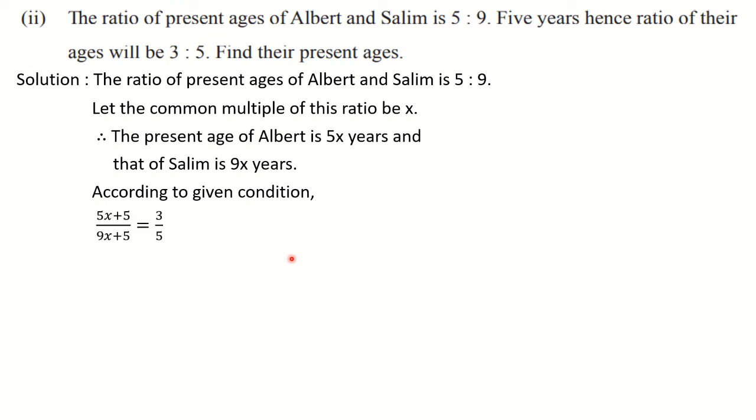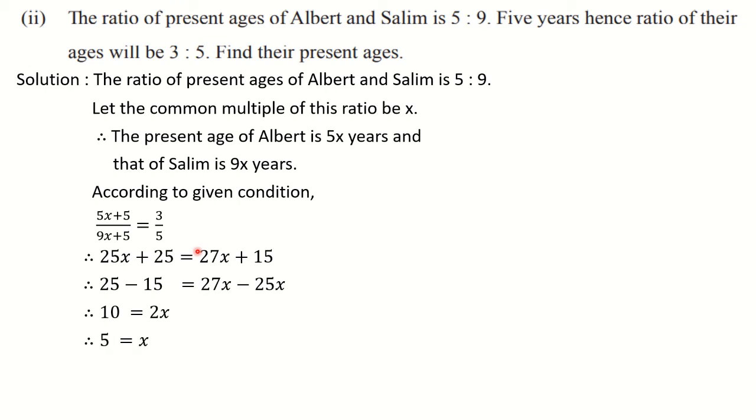We are adding 5 to both the places. See, 5x plus 5 and here 9x plus 5, that is equal to 3/5. Now, by doing the cross multiplication, you can get the value of x. Already we have discussed this, so I am going a little bit fast.